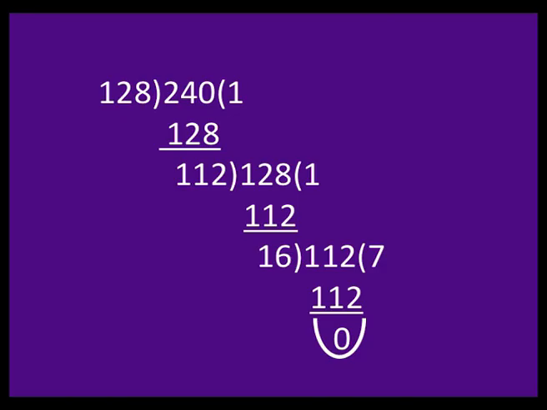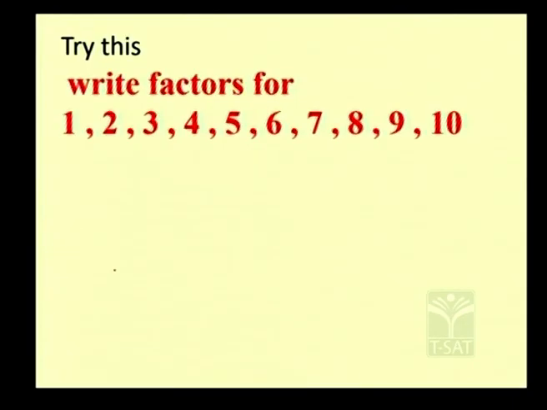The remainder is 112. When we divide 128 by 112, 112 ones are 112, and we get a remainder of 16. When we divide 112 by 16, we get 0 remainder, right. So, 16 is the highest common factor.